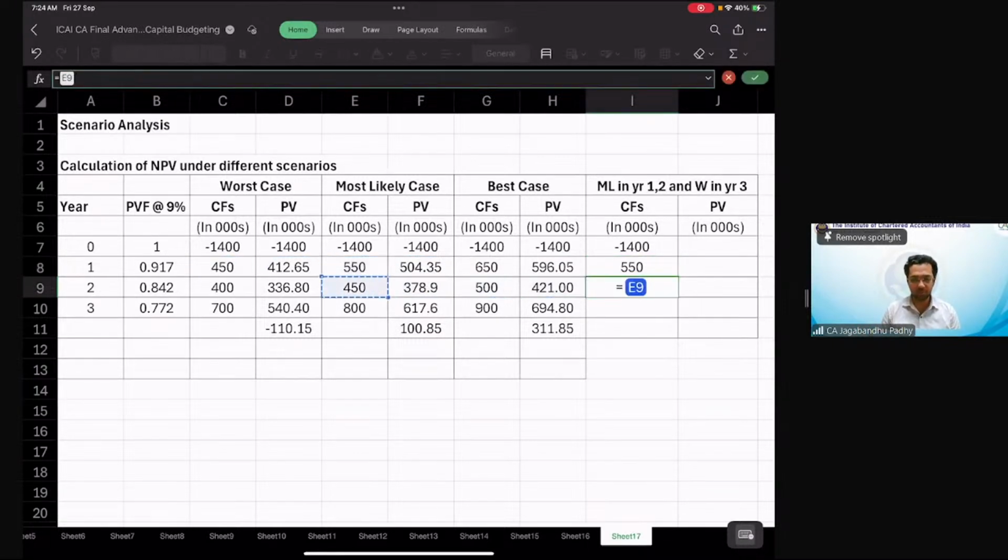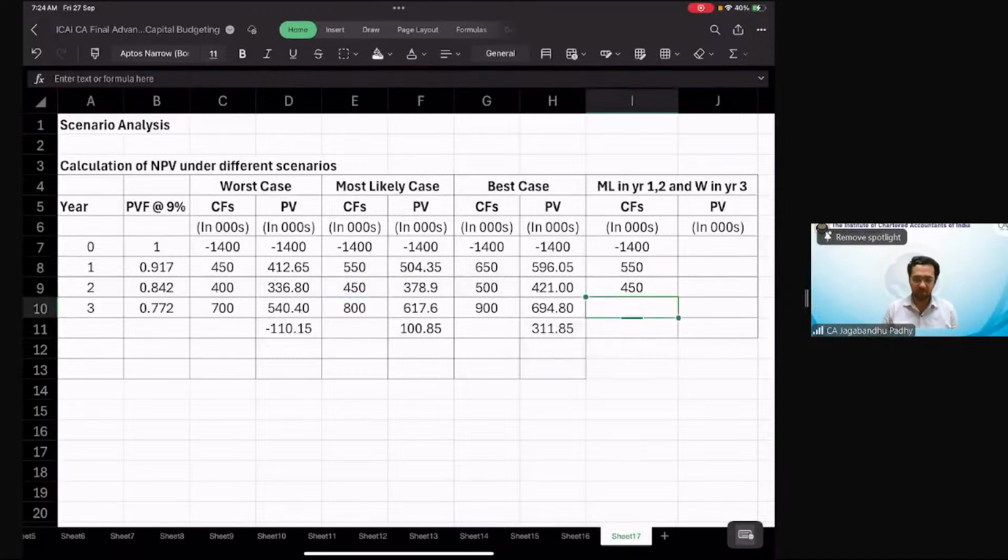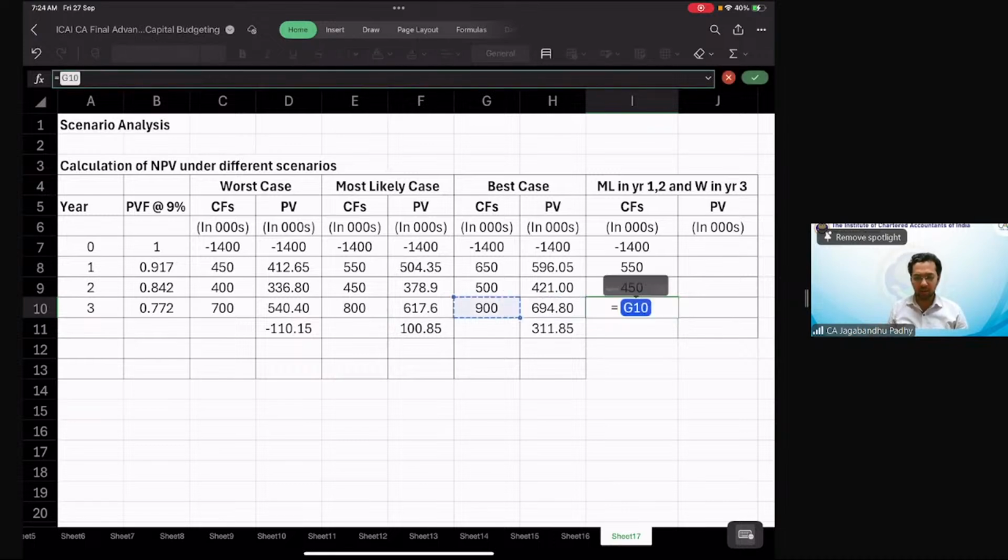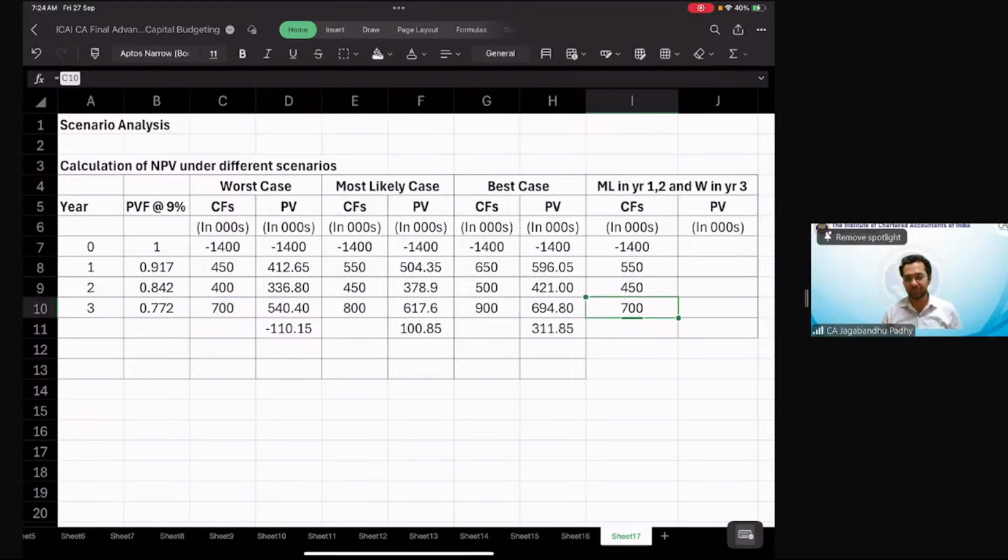So for the first 2 years, we take the most likely numbers, which is 550 and 450. And in the last year, we are not sure about what is the likely case. So if we're not sure about the likely case, then we look at what's the worst thing possible. So we take the worst cash flow in year 3.